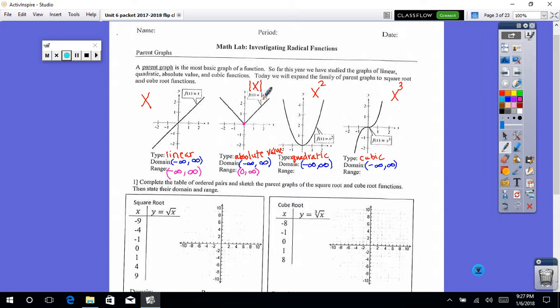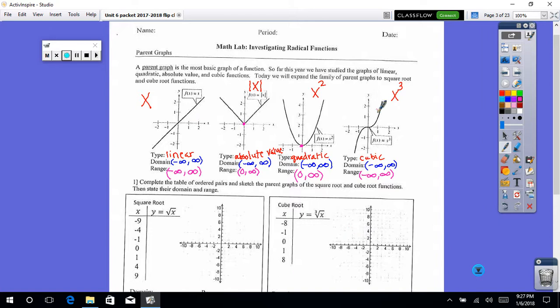Quadratic and absolute value look a lot alike. This one's a curved version. This is a much sharper version of the graph. So this guy right here gets to 0 and all the way to infinity. And then our cubic graph is a very crooked version of our linear graph. So his range is also negative to positive infinity.